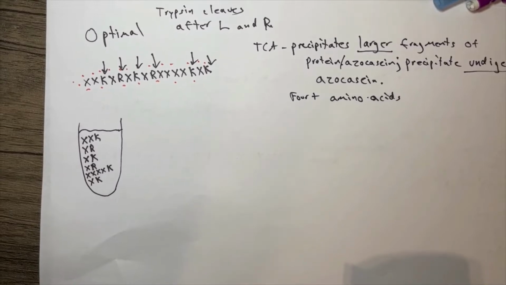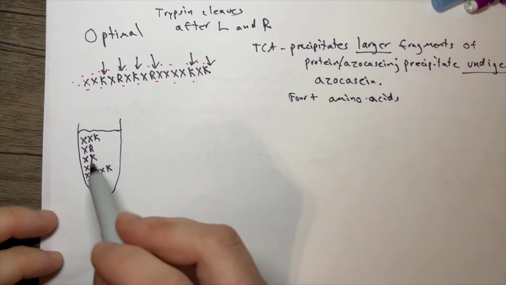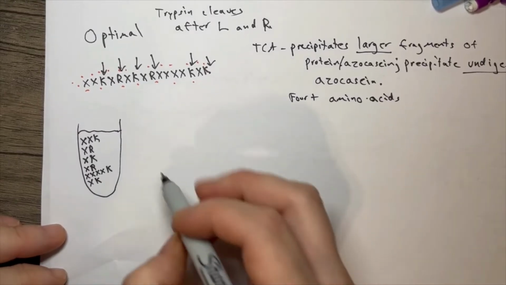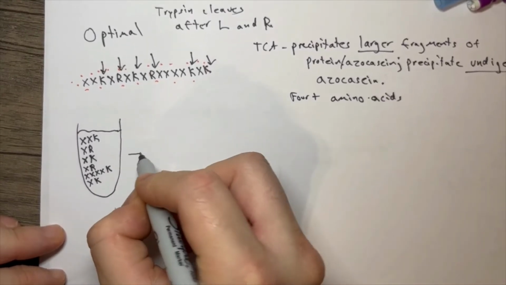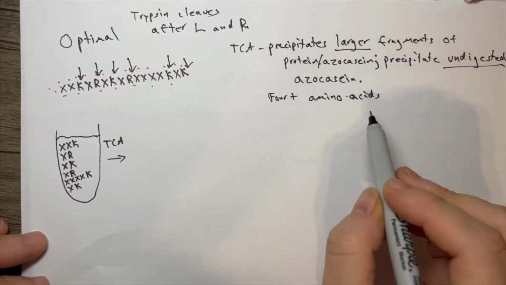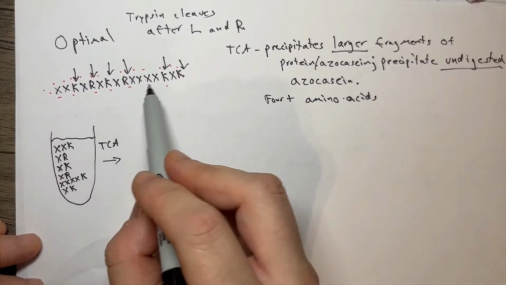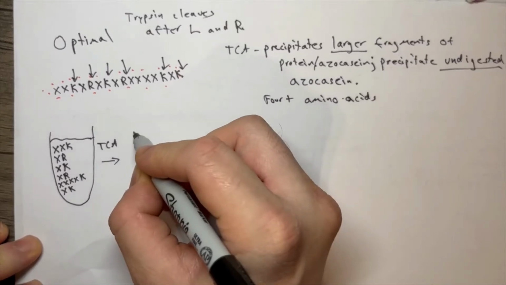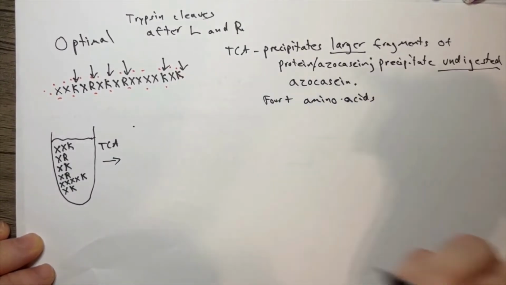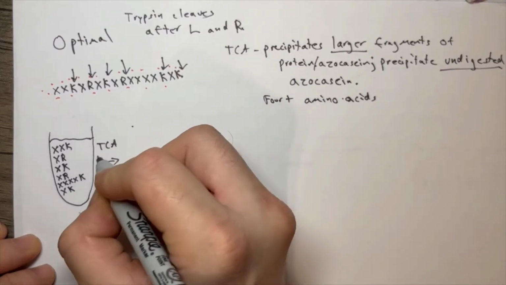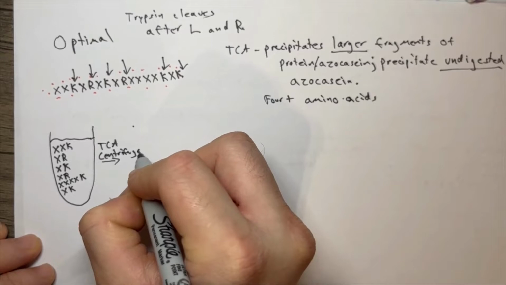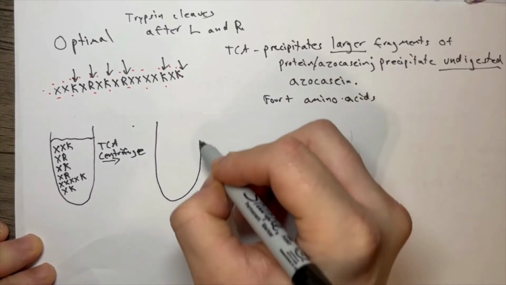Now, what happens after this? So we would heat it or incubate it at whatever temperature. Then we add our TCA, which precipitates the larger fragments. It's going to precipitate this fragment, right? And then we centrifuge. So TCA and centrifuge. And this is what we'll get.